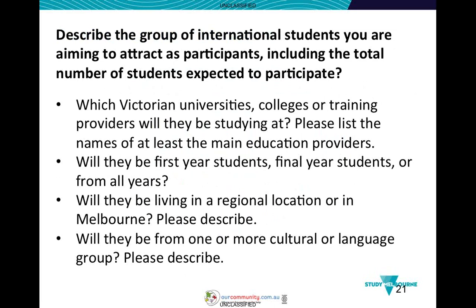Tell us a little bit about that. And also please tell us about one or more cultural or language groups that they represent. And as is in the application form, the next slide is an example of that when we're talking about the various cultural groups and language groups.